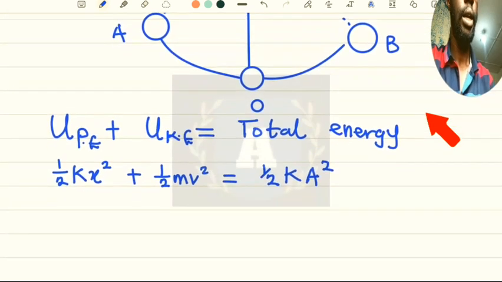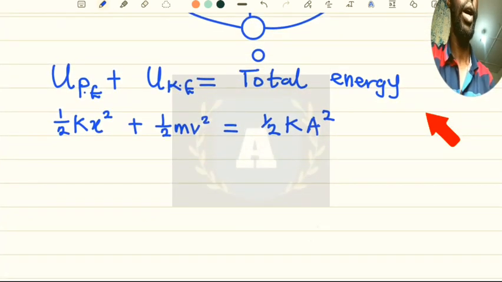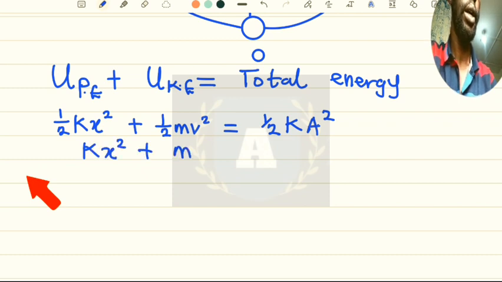Now when we multiply this equation all through by 2, the 2 cancels the 1 over 2. So we have Kx squared plus mv squared equal to Ka squared.